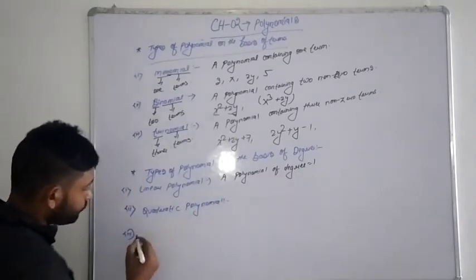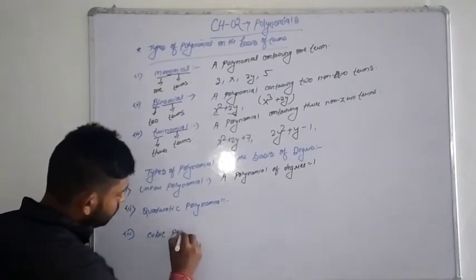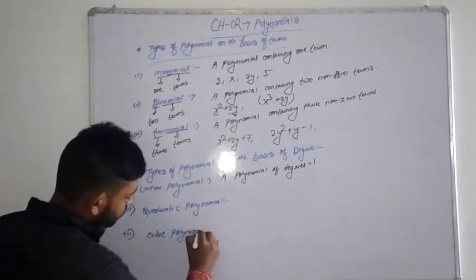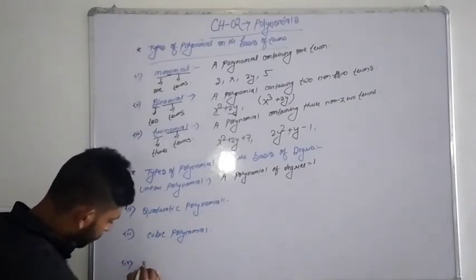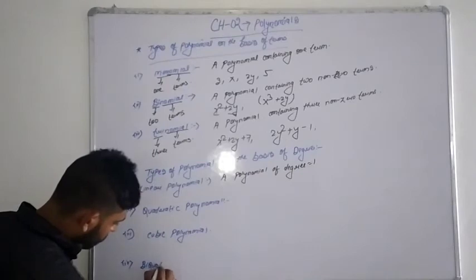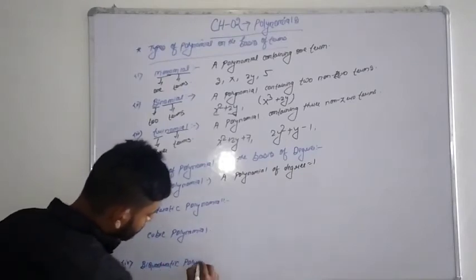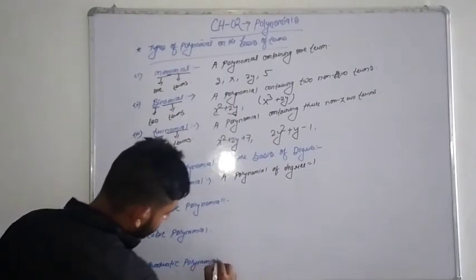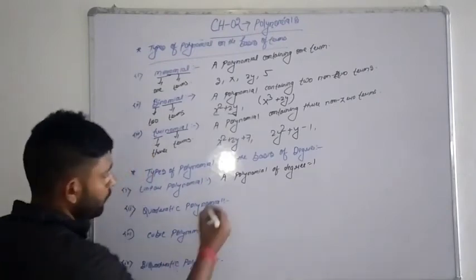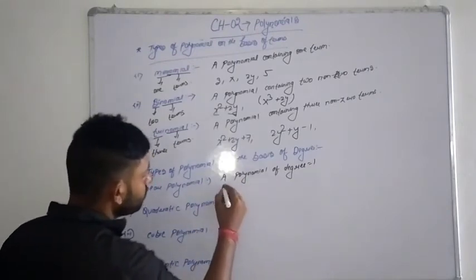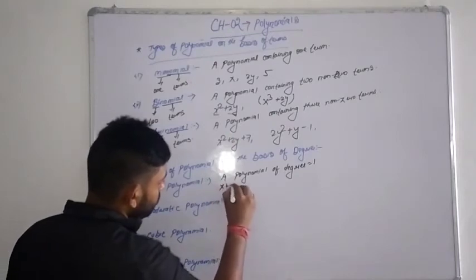Number 3, cubic polynomial, and number 4, biquadratic polynomial. Here degree 1 means the higher power is equal to 1, for example x plus 7.